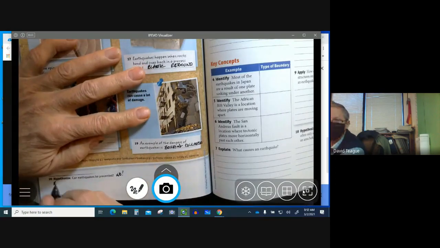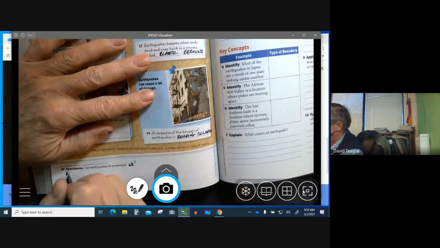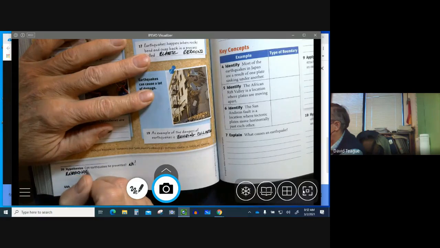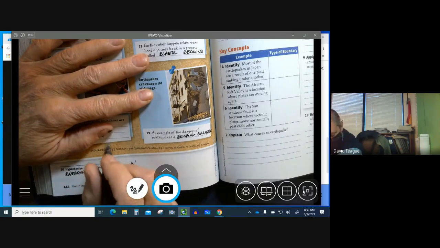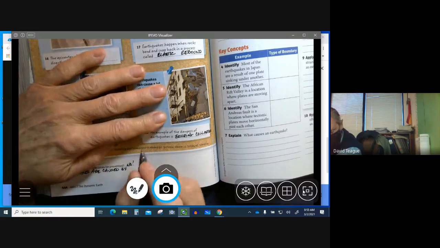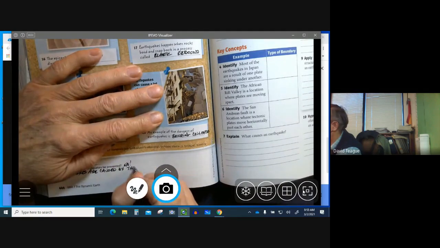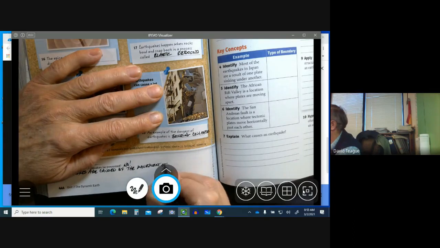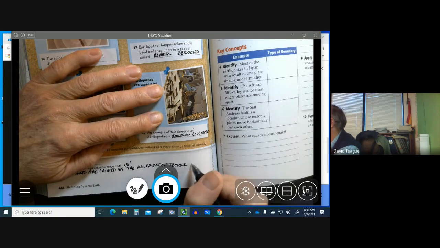Earthquakes are caused by the movement of tectonic plates.